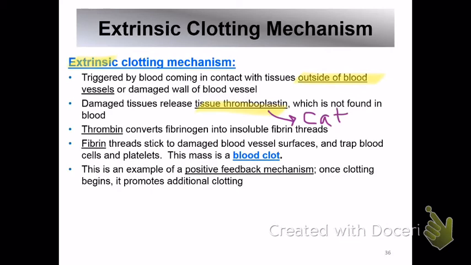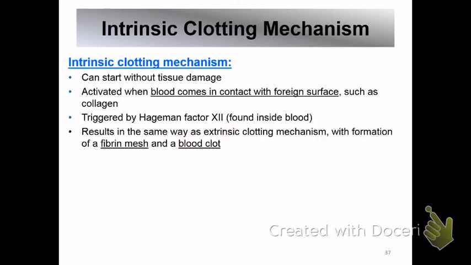Thromboplastin is what converts fibrinogen to fibrin. The fibrin, that's the spiderweb looking stuff, the yellow stuff from the last picture, sticks to the damaged blood and makes it like a clot. So it makes it coagulate. And we already said extrinsic and intrinsic are both positive feedback.